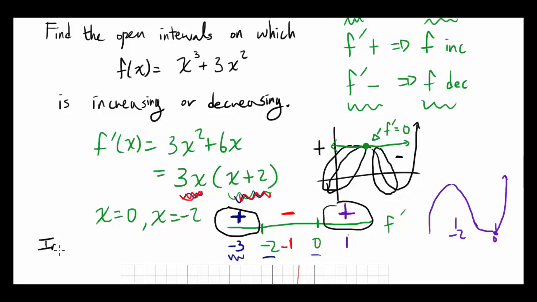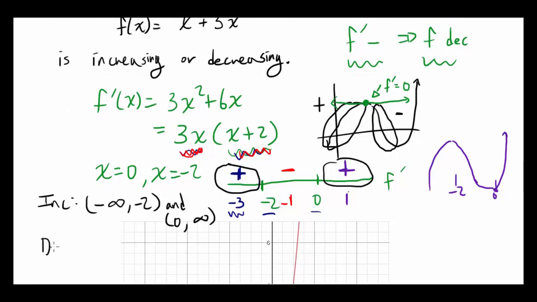So we know the function is increasing from negative infinity to negative 2, and from 0 to infinity. Now where is the function decreasing? Well, our function is decreasing in between negative 2 and 0.